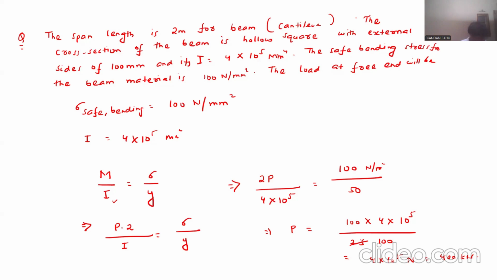And one more thing, we have made a mistake here in that we have directly taken L to be 2, but it won't be the case because everything is in mm, so 2000 mm. So you have to write here 2000 mm.